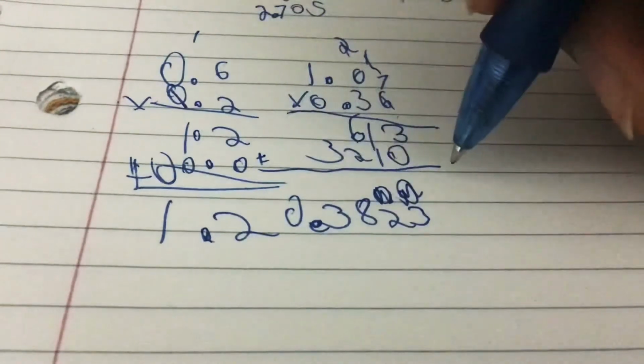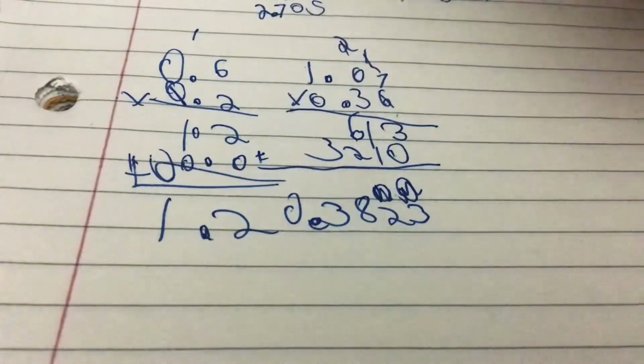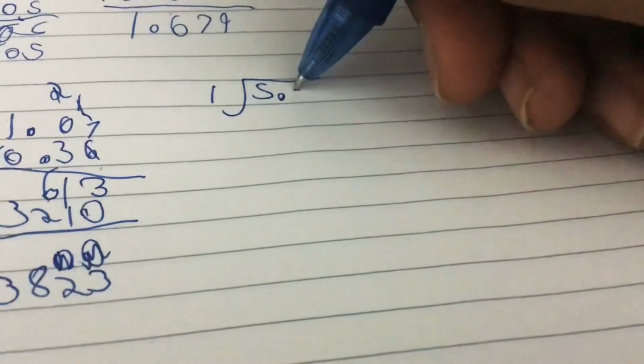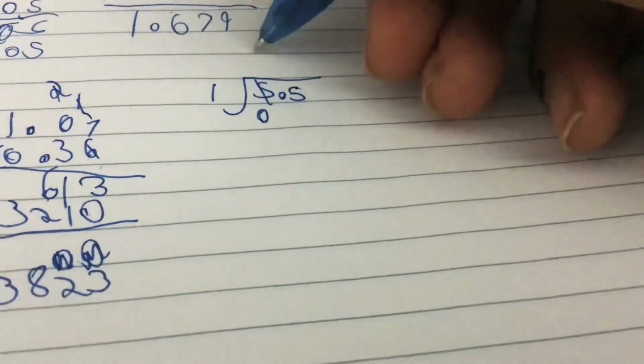But now it's time to show you the one concept that nobody wants to learn, and it's division of decimals. Let's say you have 1 here, but then you have 5.5. We obviously do this. That equals a 0.